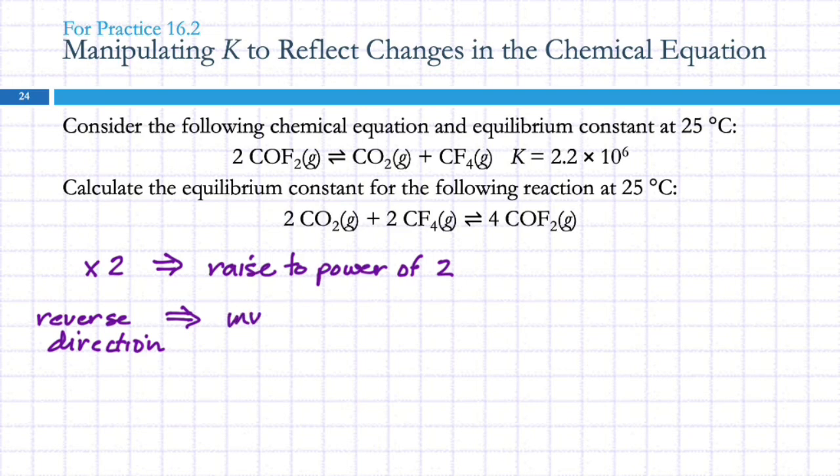We'll invert K, which is the same as raised to -1. So what we need to do is invert the equilibrium constant. So that's going to be 1 over the equilibrium constant, 2.2 times 10 to the 6th. And we need to square it.